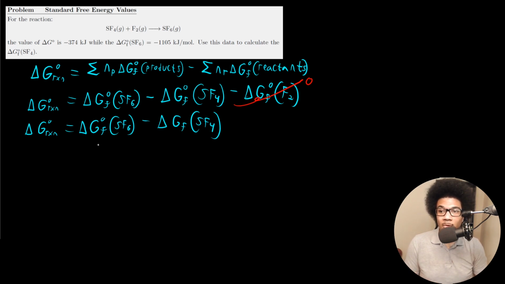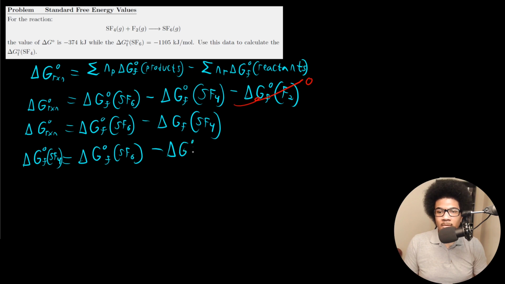All we have to do is a little bit of algebra to isolate the free energy of SF4, and then plug and solve from there. So the delta G of formation for SF4 is going to be equal to the delta G of formation for SF6 minus the delta G for the reaction.